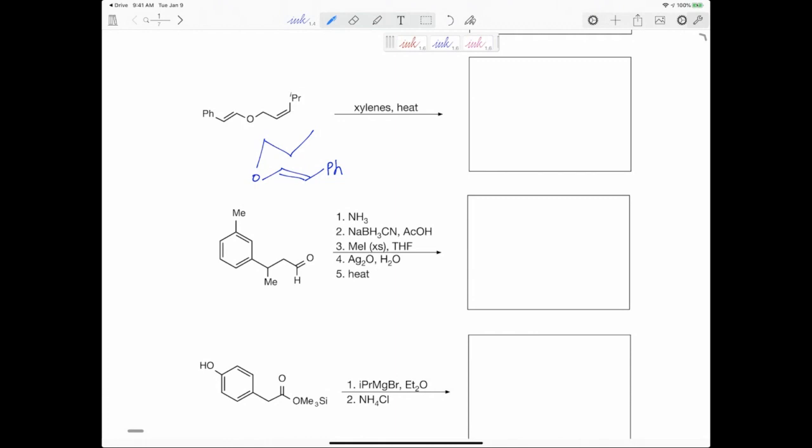Okay, and allyl is at the top, so we have this double bond here, and because isopropyl is cis here, we know it's going to be up here. At least draw these intermediate steps if you're not sure of what's happening, so that you can get some partial credit.